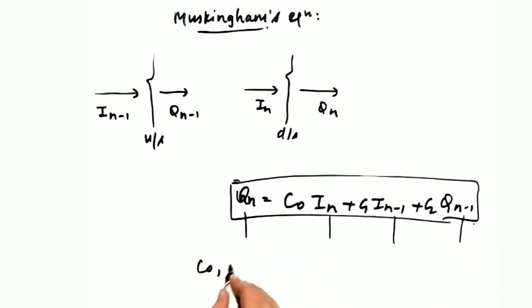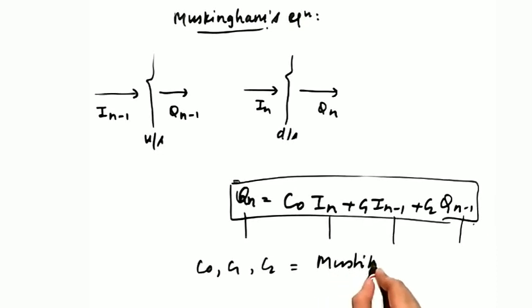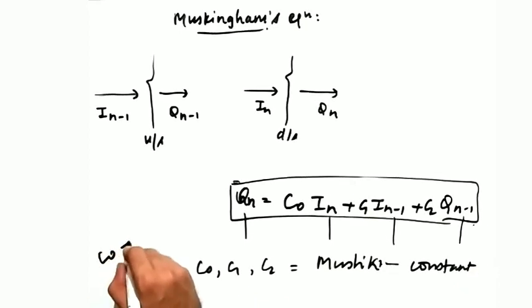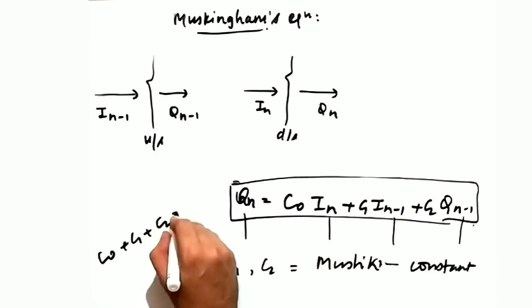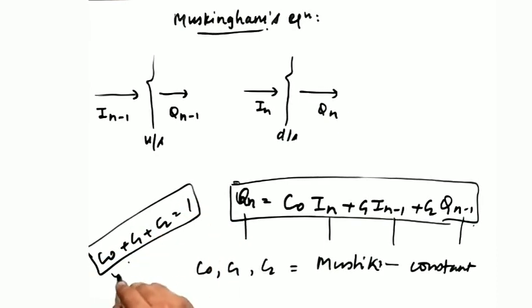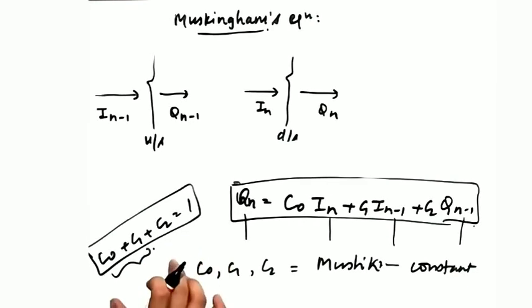But what are C0, C1 and C2? These are the Muskingum equation constants. And there is an equation that relates all three constants: C0 plus C1 plus C2 is equal to 1. If the examiner gives you any two constants, it can ask you the value of the third constant. You can use this equation to calculate the value of that third constant.